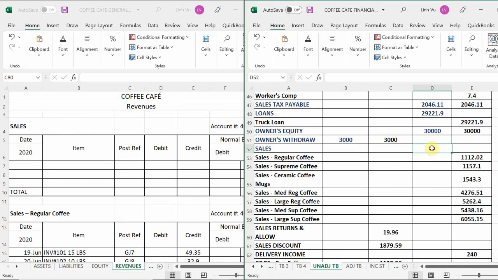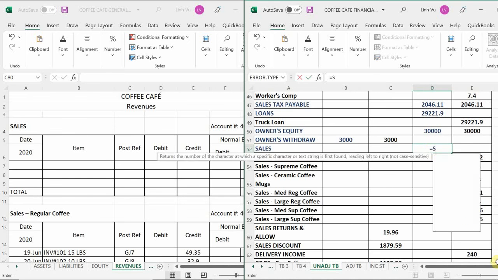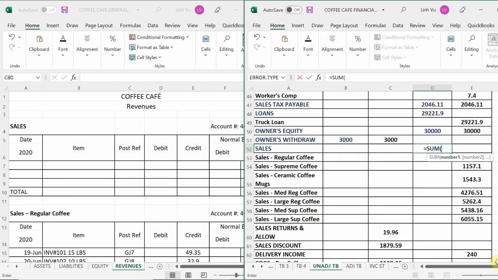So in this case, my formula here is going to be equal sum, and it's going to have my sales regular coffee, supreme coffee, the coffee mugs, the medium regular, large regular, medium supreme, and large supreme. So there we have it.